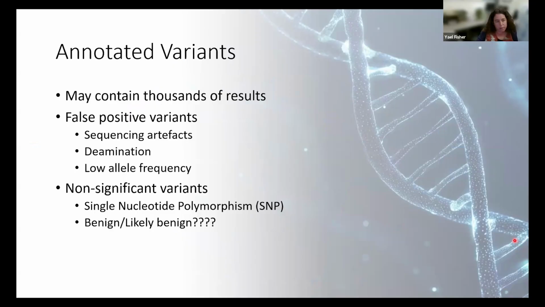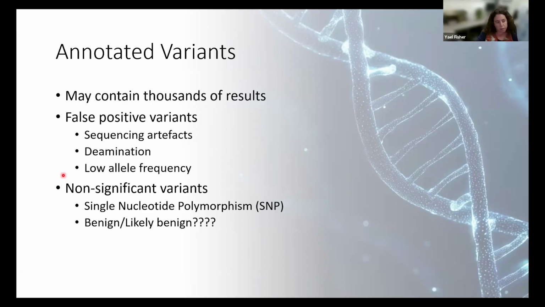And this is where we end today, but this annotated variant file may contain thousands of results. Some of them might be false positive variants like sequencing artifacts or deamination artifacts, or just random variants that are in a very low allele frequency and not relevant to be a driver in the tumor.